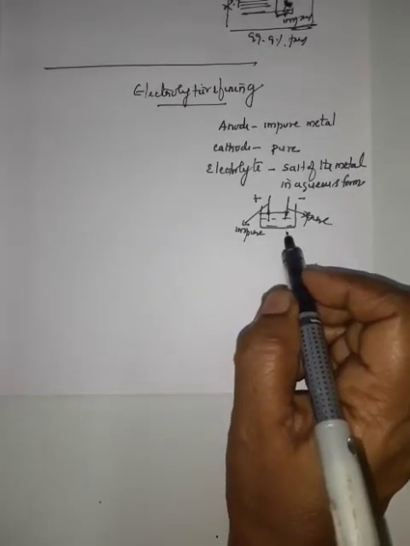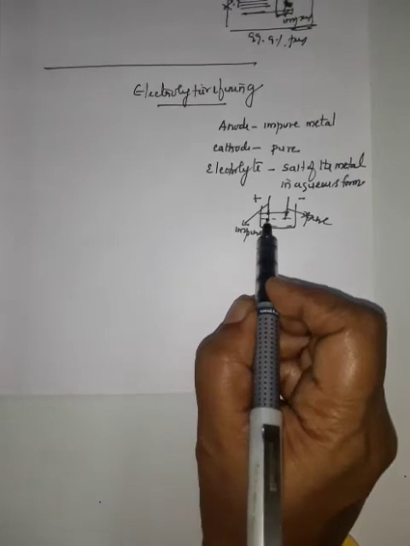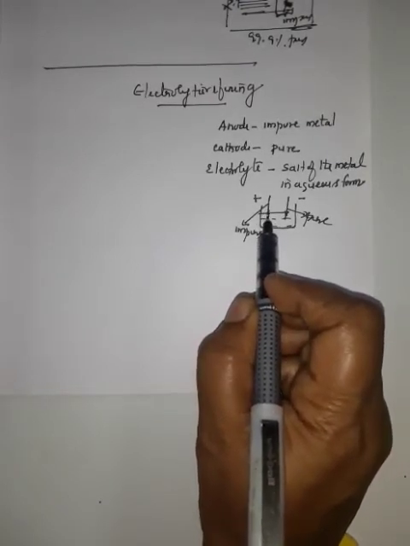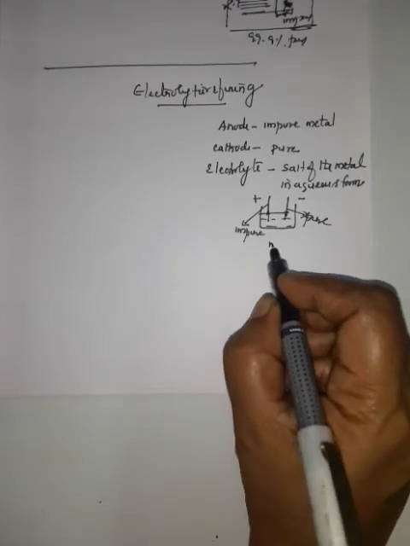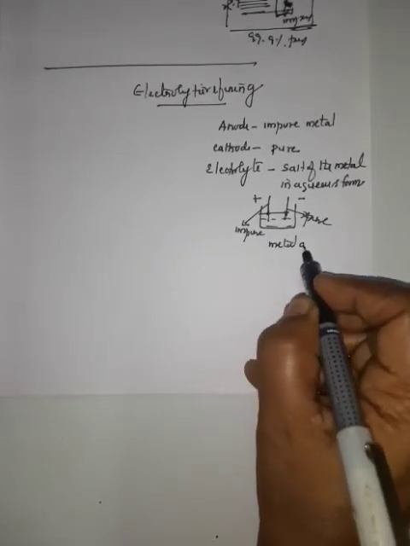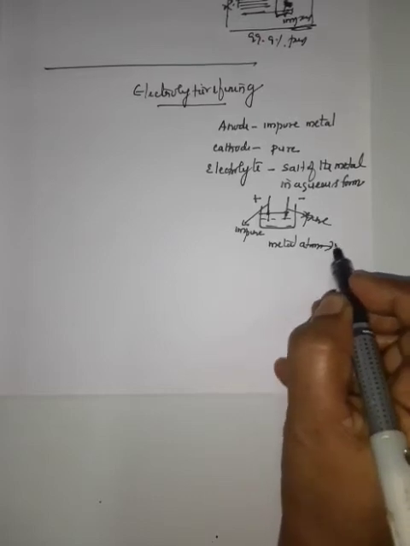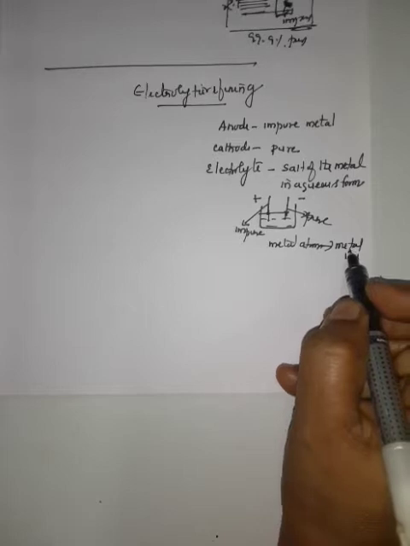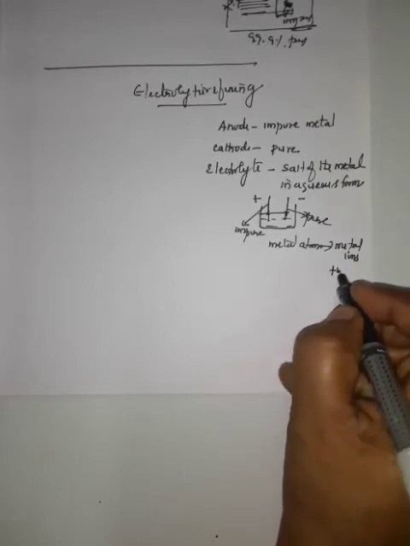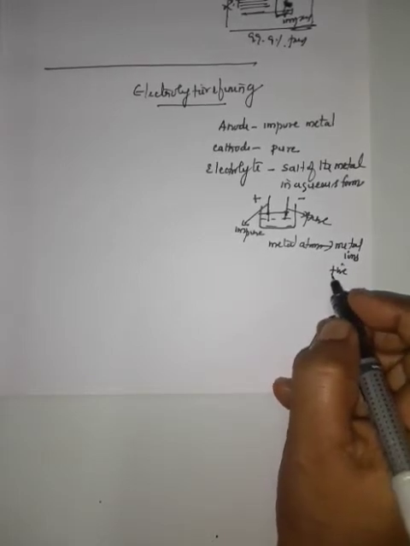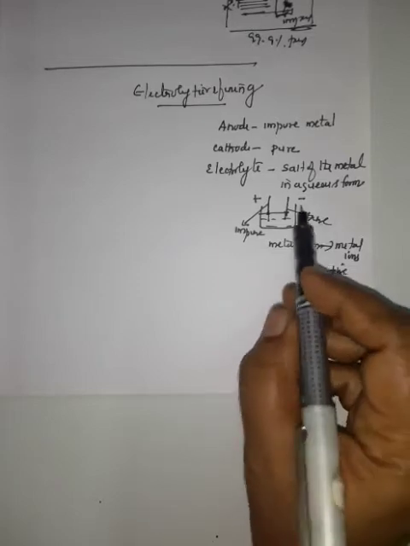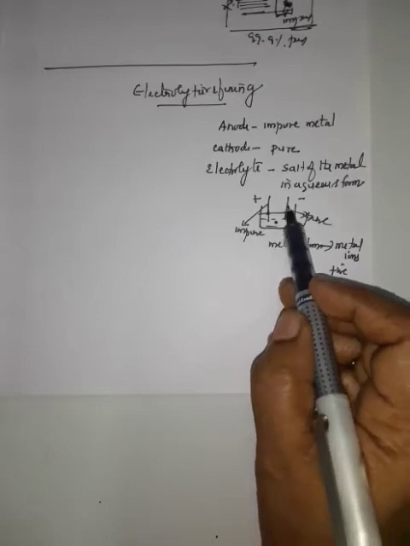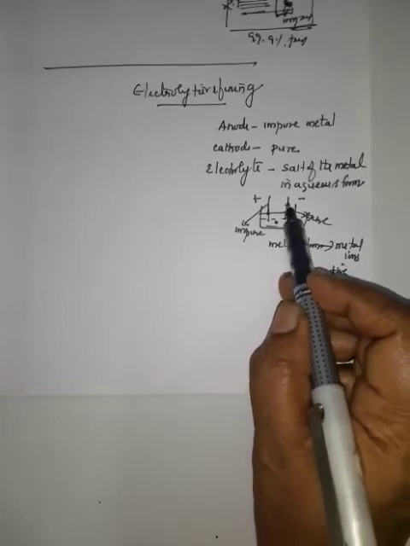So when current is passed, the metal atoms from the anode are converted to metal ions, which have positive charge. They go into the solution, then get deposited on the cathode.